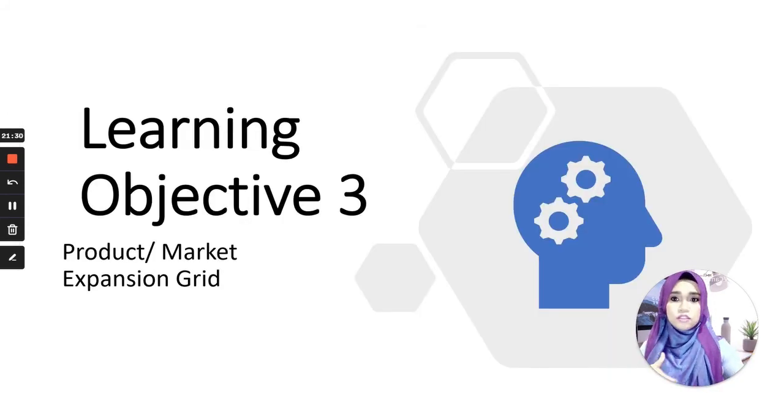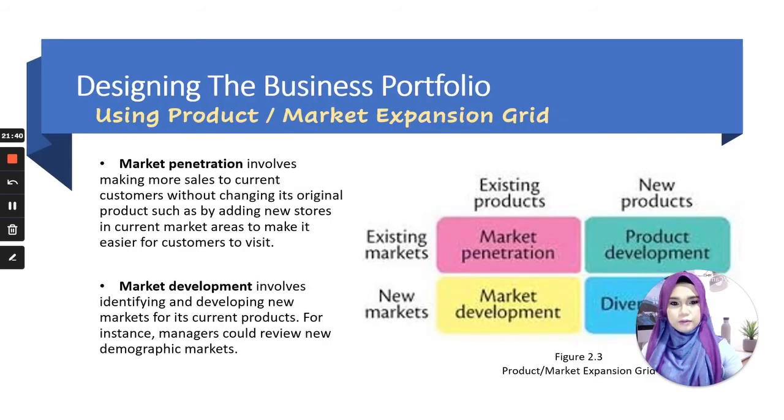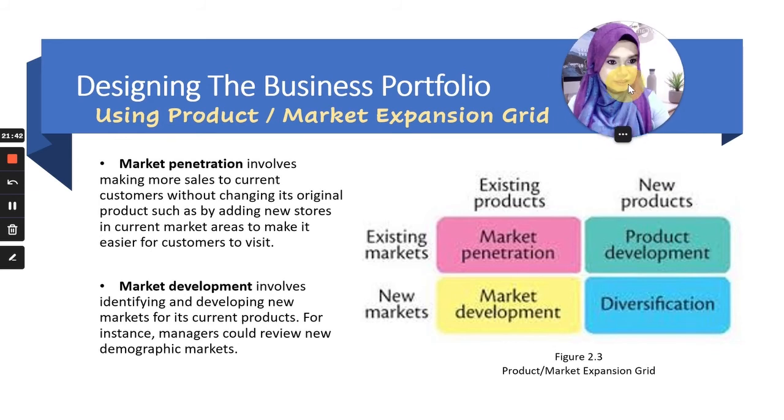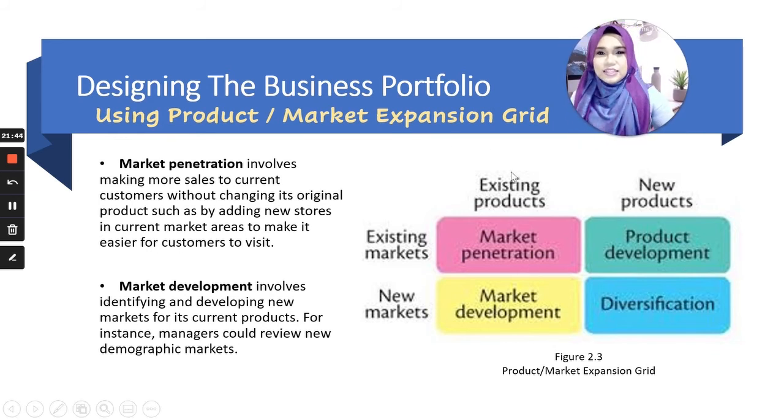Now moving on to the last part of this chapter, which is learning objective number 3, on designing the business portfolio using the product or market expansion grid. In the product market expansion grid in figure 2.3, you can see that you're talking about existing products, new products, existing markets, and new markets.